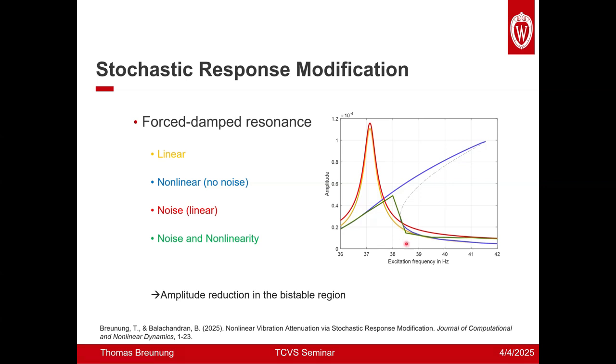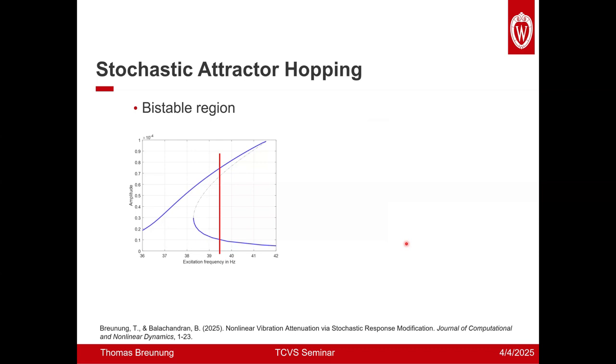And just to explain the underlying phenomenon that's going on, I have to zoom into the region of bistability a bit more. In this region of bistability, we have this high amplitude orbit and the low amplitude orbit, which are both steady state responses of this nonlinear system.